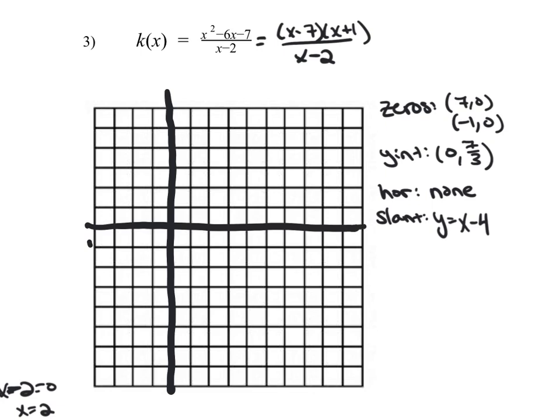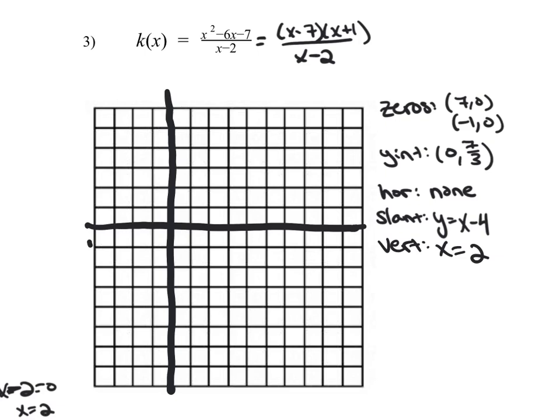All right, we'll make our graph blue. Oh, I forgot our vertical asymptote. So before we graph anything, let's talk about our vertical asymptote. Our vertical is when the denominator equals 0, so x equals 2. Now we have everything that we need.